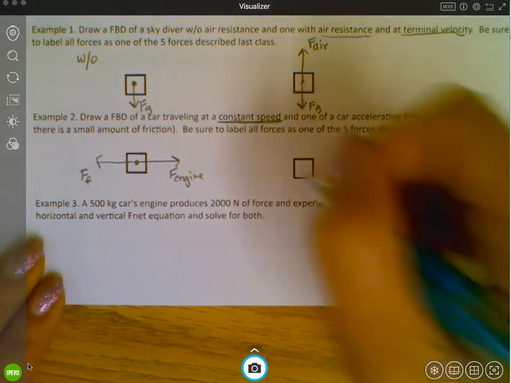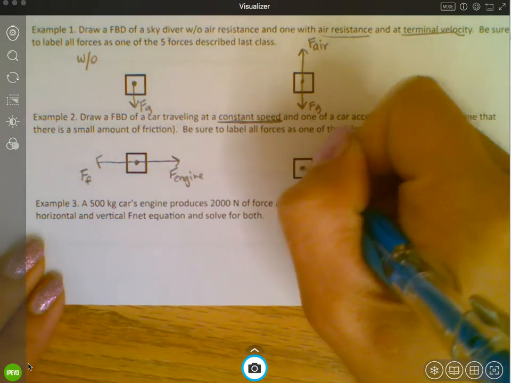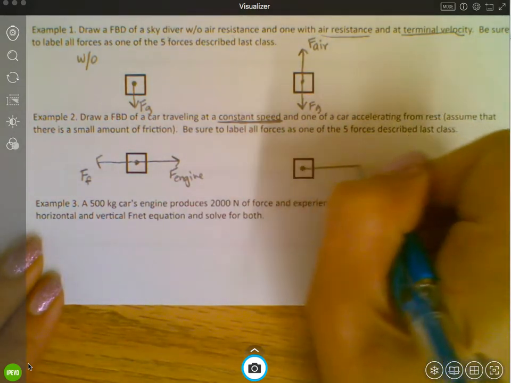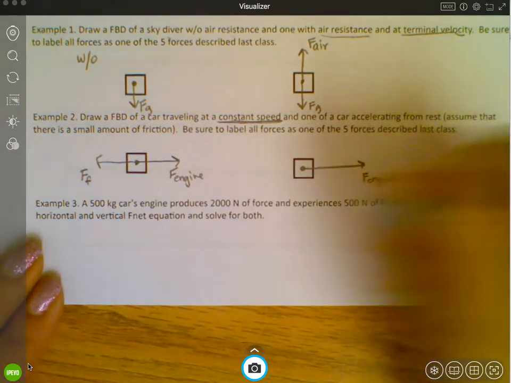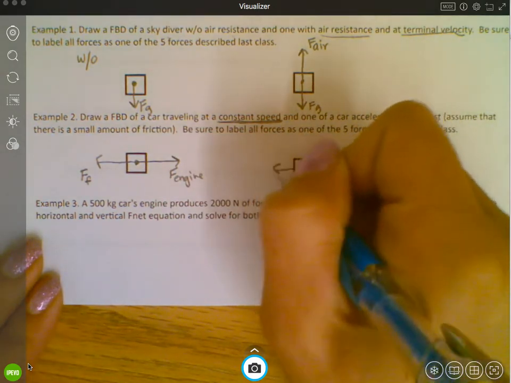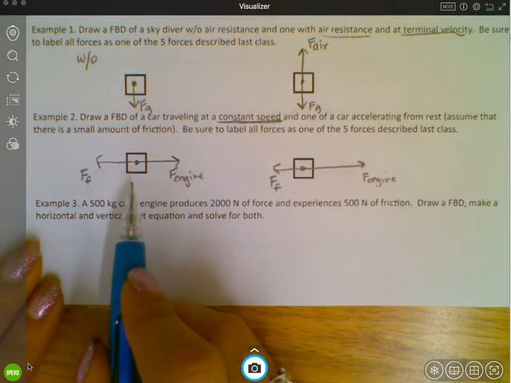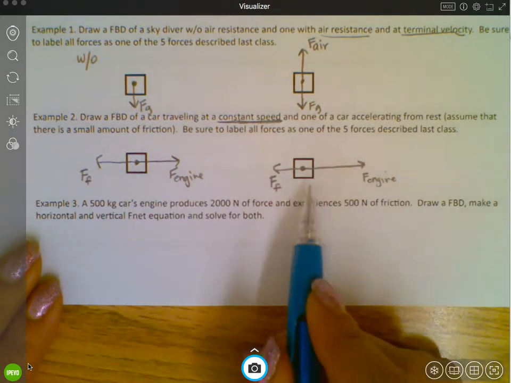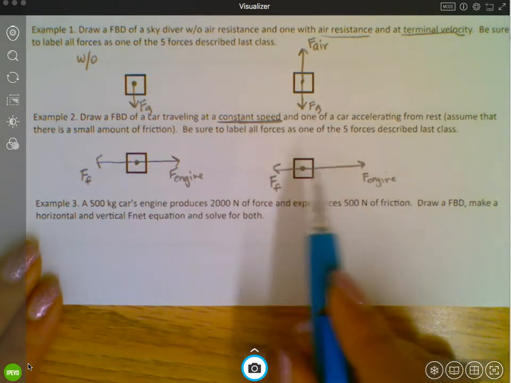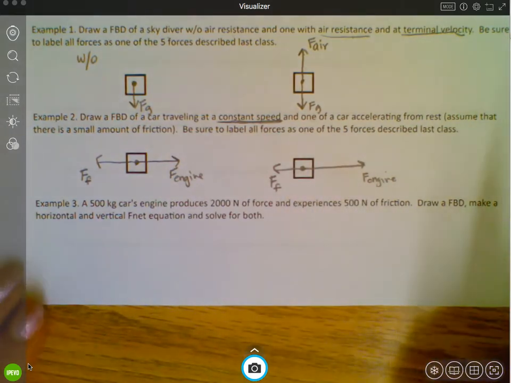Then for the one accelerating from rest, the friction is small, so the engine force is nice and big, and the friction force is small. You can see by the picture that this one is not accelerating and this one is accelerating to the right. So the pictures really show you a lot. You have to draw these pictures for every single problem now.